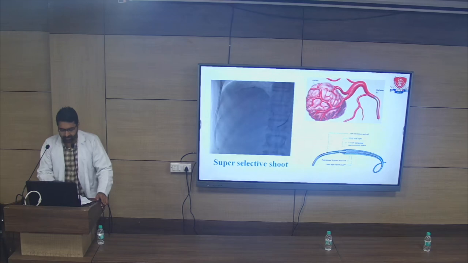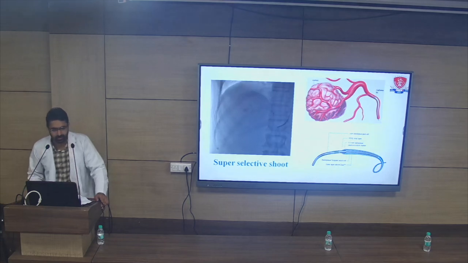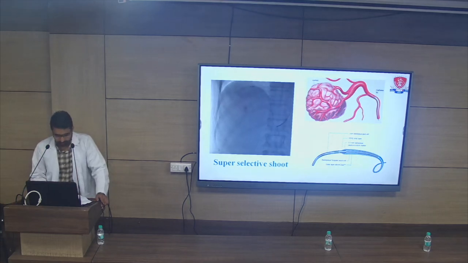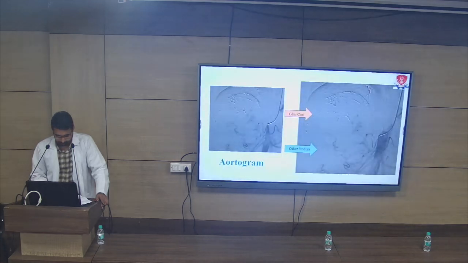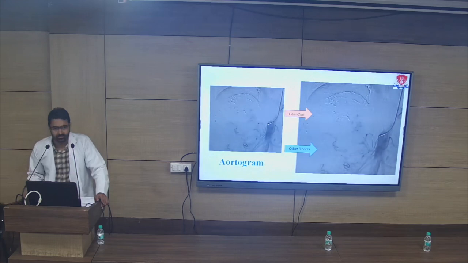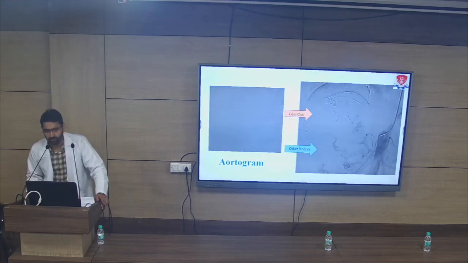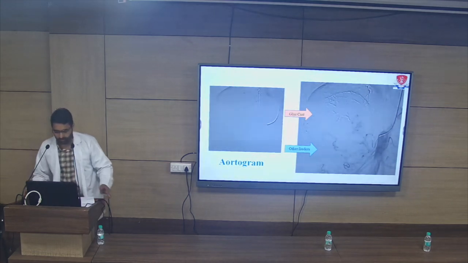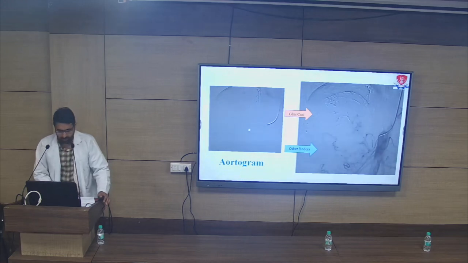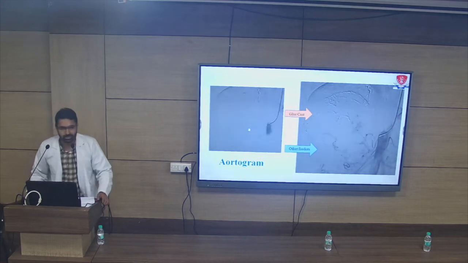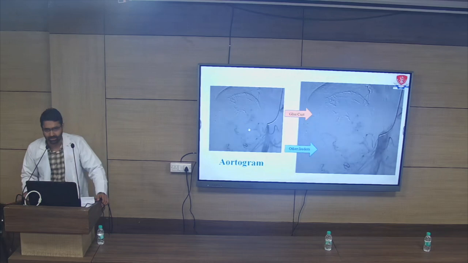In this video we can see that we are injecting glue within the tumor. The image on the right shows the glue cast, which is formed after injecting the glue, and the video on the left is of the angiogram which was taken after the embolization of the superior adrenal artery to further demarcate the vessels which are supplying the tumor.